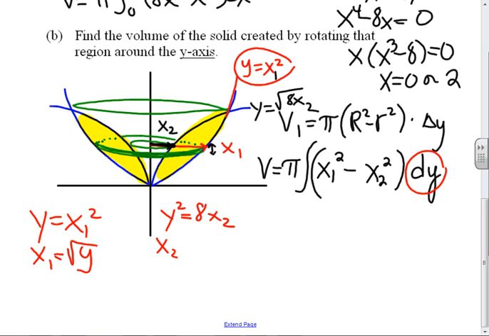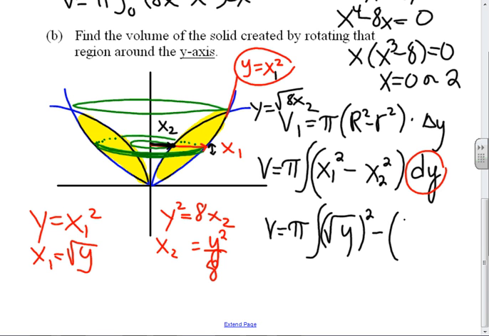I got 3 more minutes, but we'll be done in 1. Yeah, and you just substitute it in. There's so little calculus. It's all geometry. So the volume is pi. We're almost done. x1 squared is the square root of y squared, or just y. x2 squared is y squared over 8. Don't forget to square the 8.